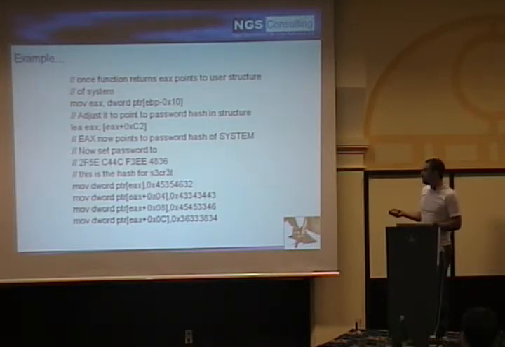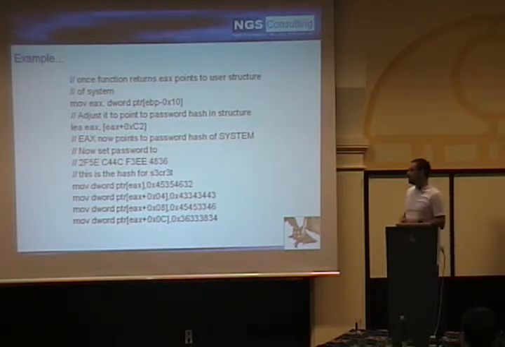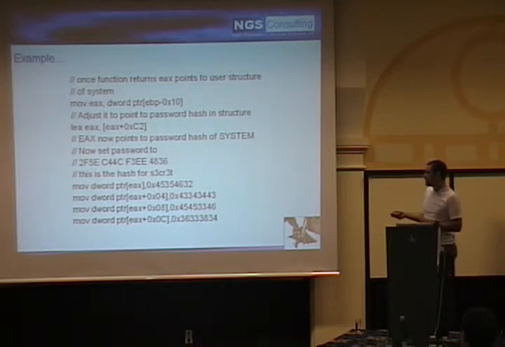We then make some modifications to that. So 0xC2 bytes into the structure, we get the beginning of the password hash. So this here is the password hash. That's the password hash for the system user when it has a password of secret like that. So we then overwrite the extant password hash there.